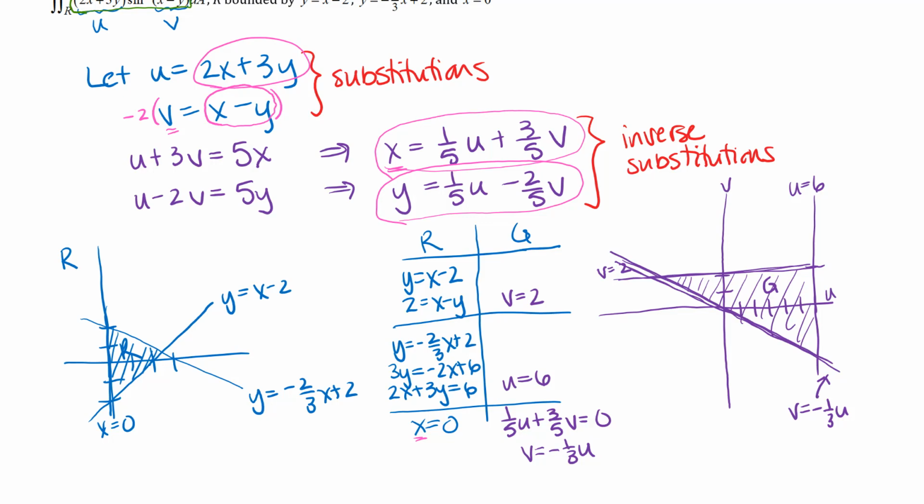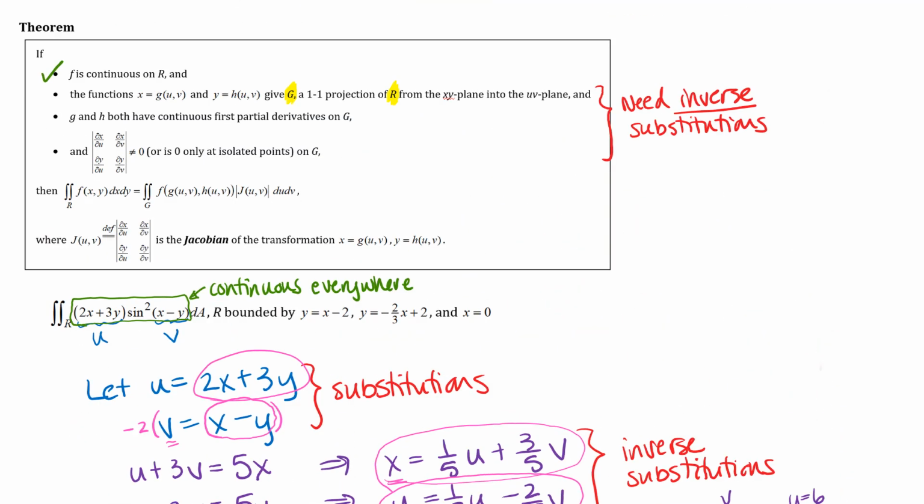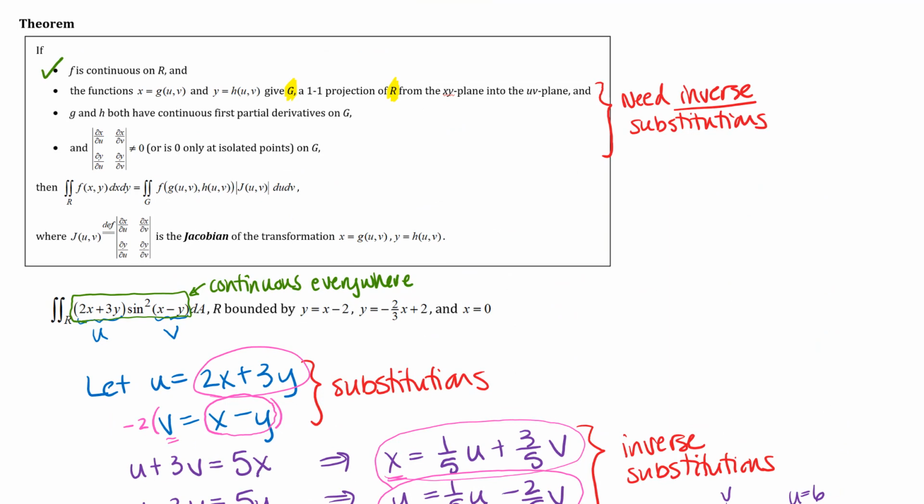Let's go up and look at that condition on our theorem. It says the functions x equals g of u and v, y equals h of u and v give this region G, which is a 1-to-1 projection of the region R from the xy plane into the UV plane. What that means is that there are no two xy points in the region R that give the same UV point in the region G. That's what it means to be a 1-to-1 projection.